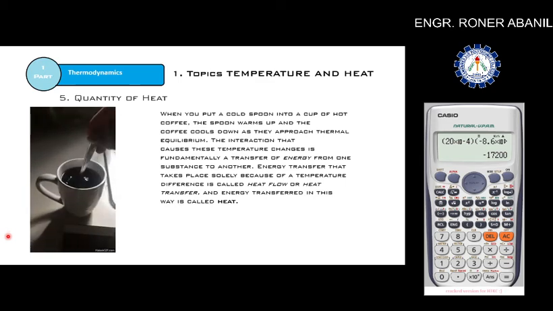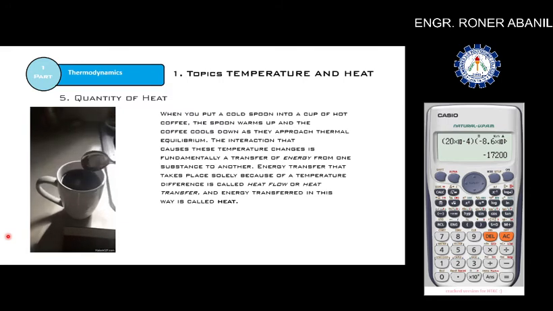Siyempre malamig yung spoon na 'yun. So, kapag inilagay ko sa kape na mainit, yung spoon is magsisimulang uminit, okay? And yung kape naman is magkakaroon ng cool down para ma-approach nila yung tinatawag na thermal equilibrium.